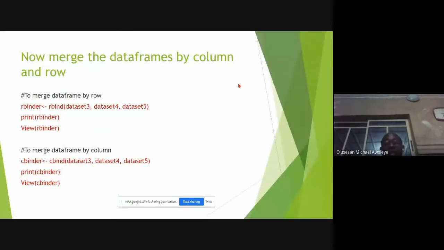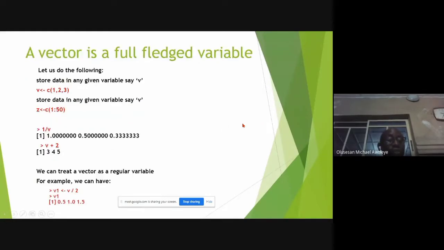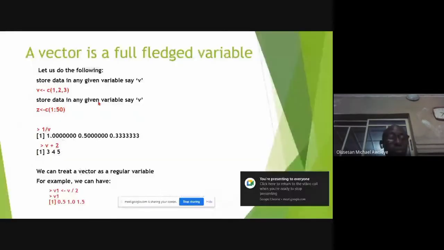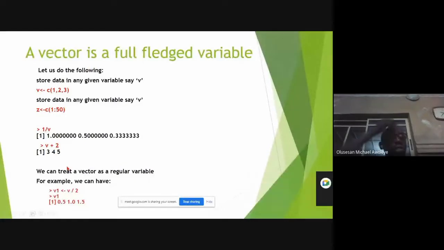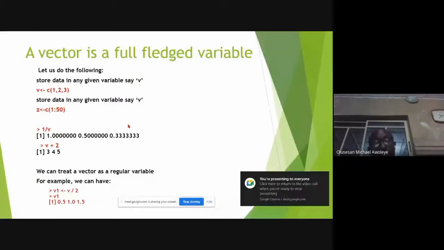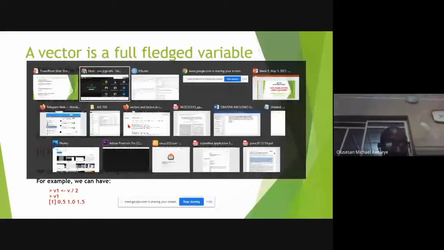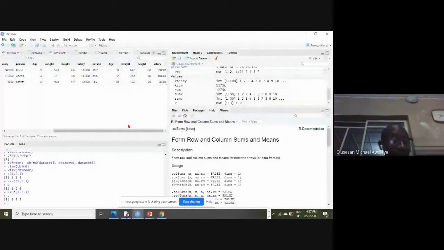Now, if that is settled, because I still want us to touch other things, I want us to save vectors. We know how to create and store vectors. We are generating the numbers 1 to 50 and storing them in a variable called Z. They will be presented in a column as a vector.